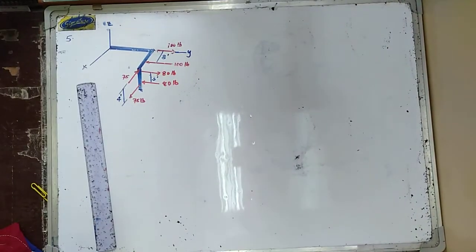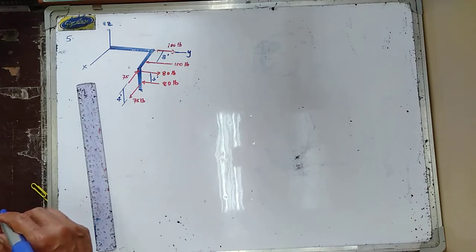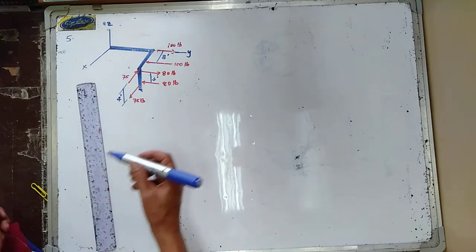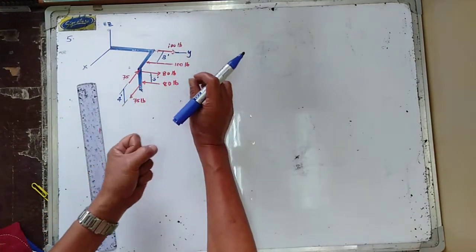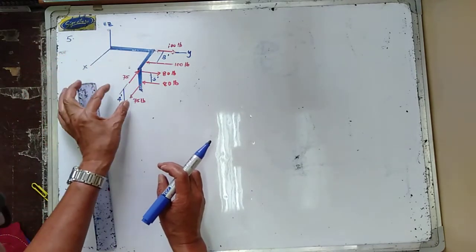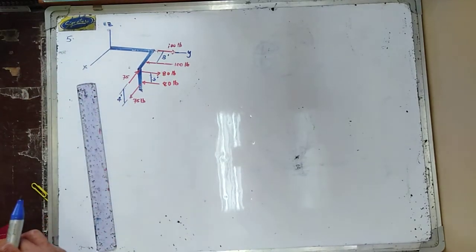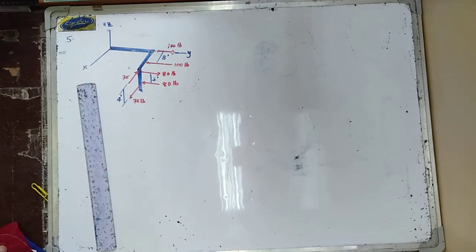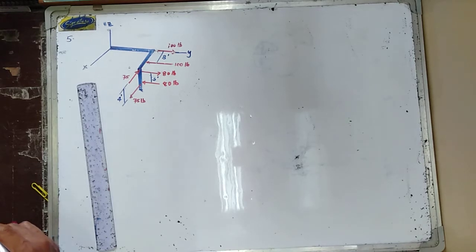Next problem. We have 3 couples applied to a bent bar as shown. We have the 100-pound couple, the 80-pound couple, and the 75-pound couple. Determine the magnitude of the resultant couple and the direction angles associated with the unit vector used to describe the normal to the plane of the resultant couple.